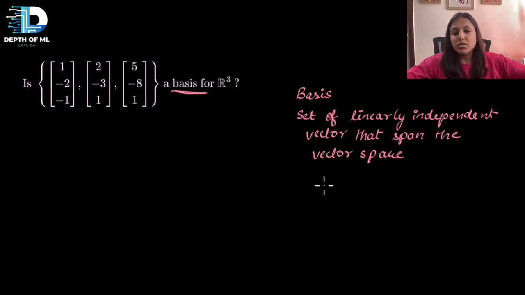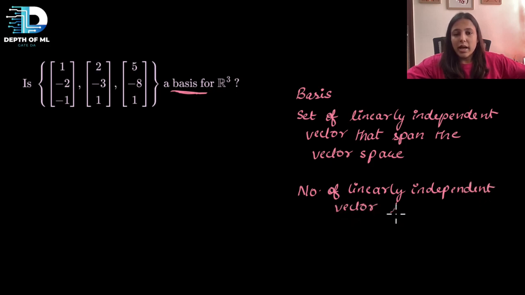So the next question is, what should be the number of linearly independent vectors that span R3? In this case it is R3, but this could be any vector space or subspace.